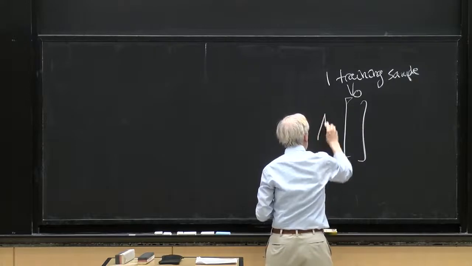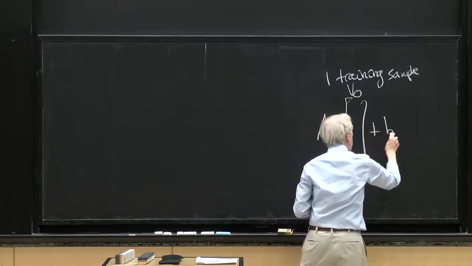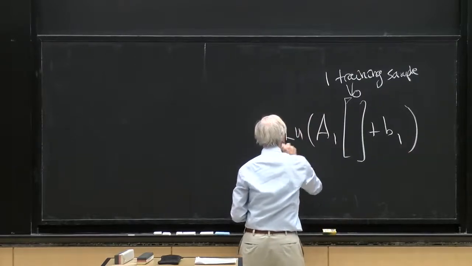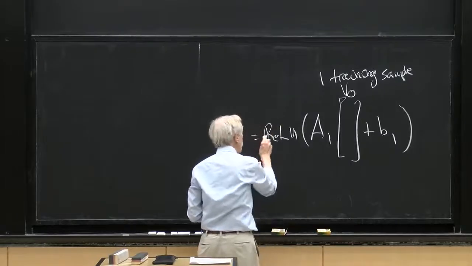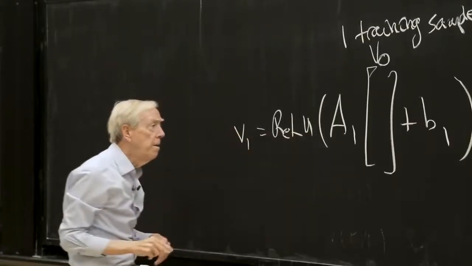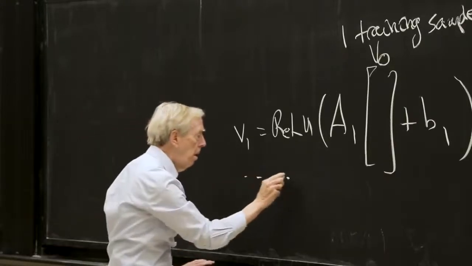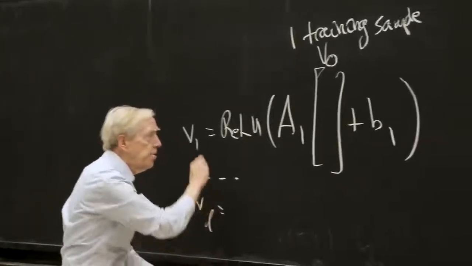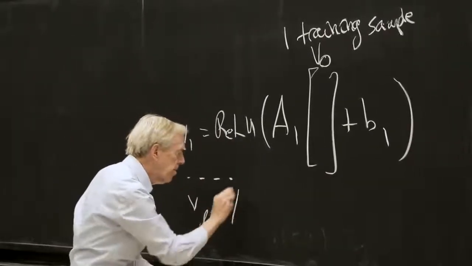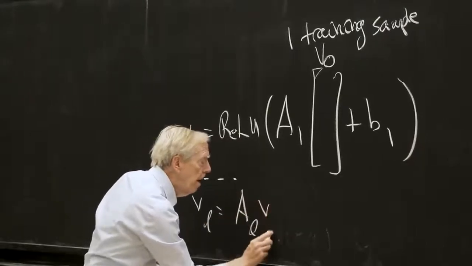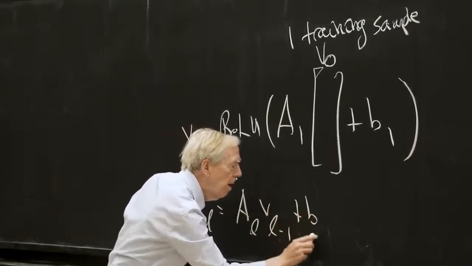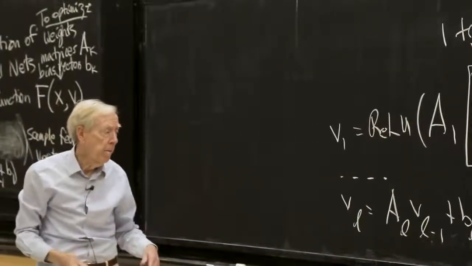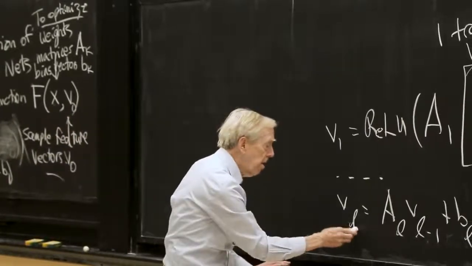And then you multiply by A1, and you add B1, and you take ReLU of that vector, and that gives you V1, and then you iterate to finally V_L, the last layer. You don't do ReLU at the last layer, so it's just A_L V_(L-1) plus B_L, and you may not do a bias vector at that layer either, but you might. And this is finally the output.